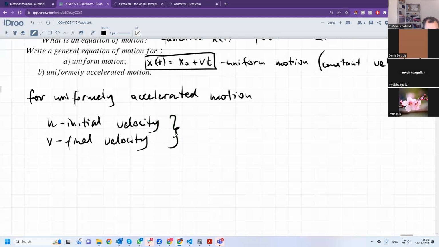Acceleration is the final velocity minus the initial velocity divided by time. And from here, I can make v the subject. v is equal to u plus at.